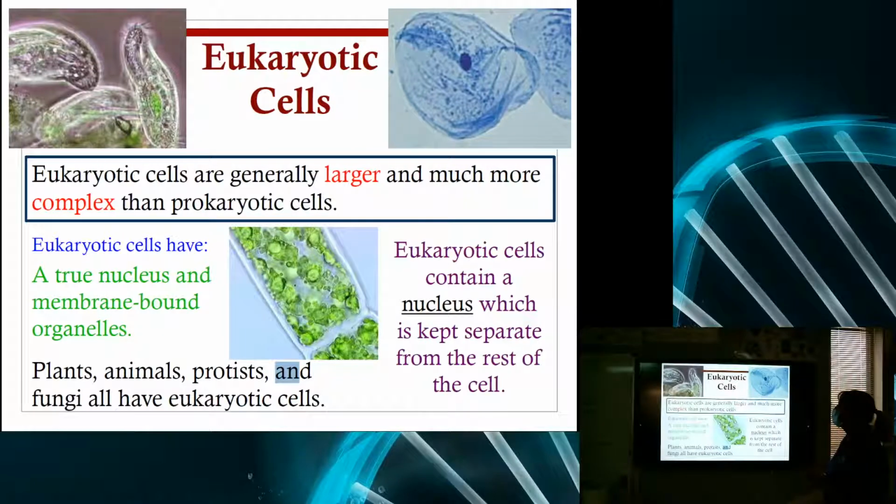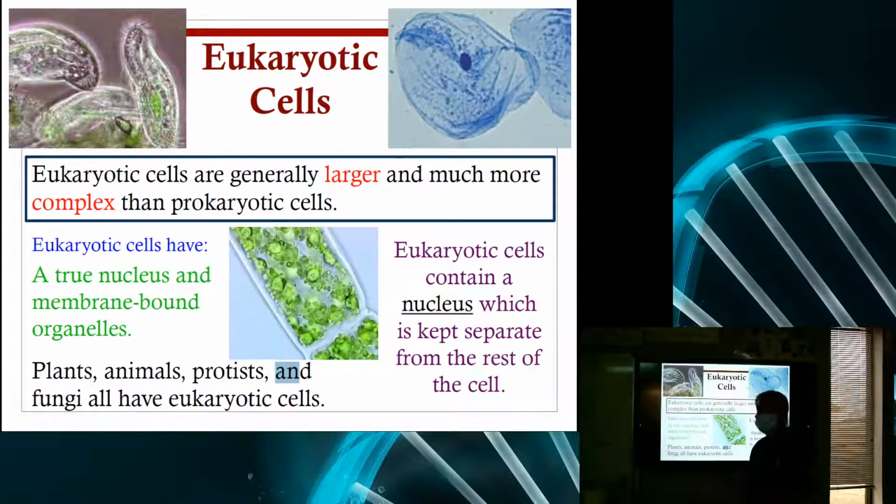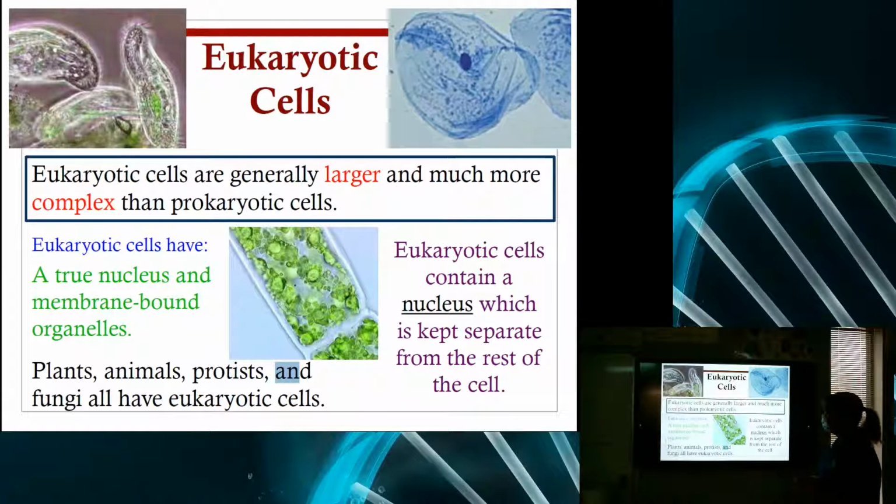The next one is eukaryotic cells. They're much bigger and they're more complex. Complex means they're more complicated because they have all those different organelles in them. Remember, we've spent a lot of time going over the function of those organelles. So this whole time we've been talking about eukaryotes. They have a true nucleus and membrane-bound organelles.